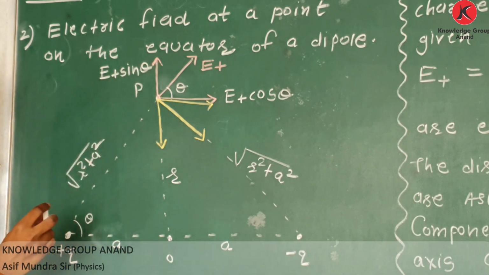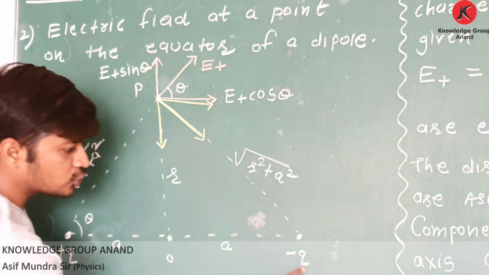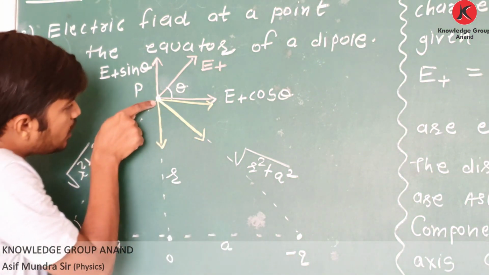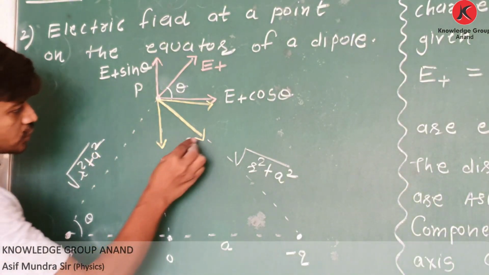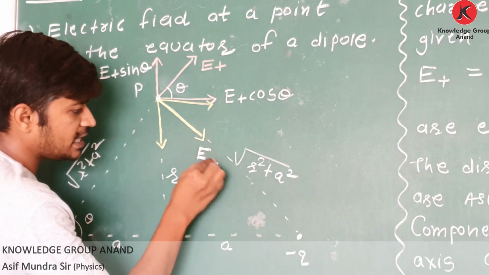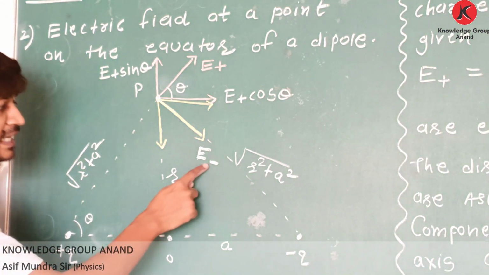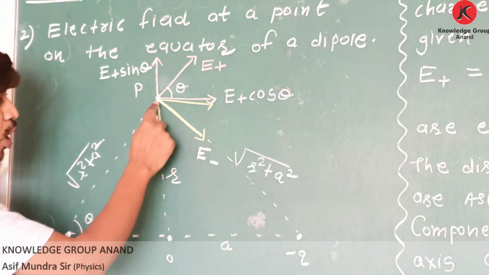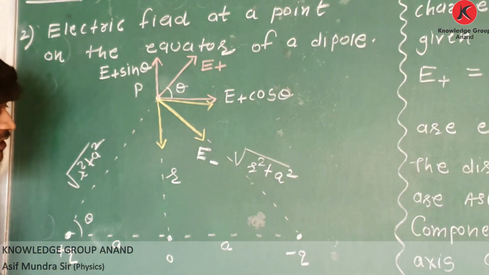Any doubt? Okay. Now, due to minus q charge at point P, what is the direction of electric field? Towards or away? Towards, because it is a minus charge, so it is E minus. Clear? Again, you have to resolve E minus into components, one parallel to axis and one perpendicular to axis.